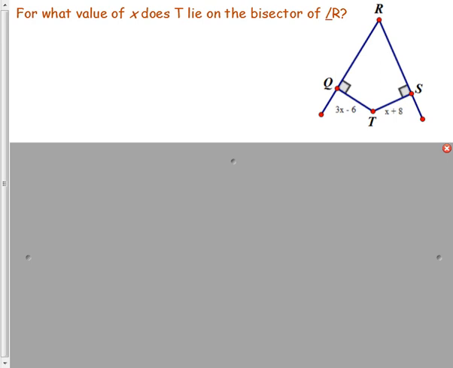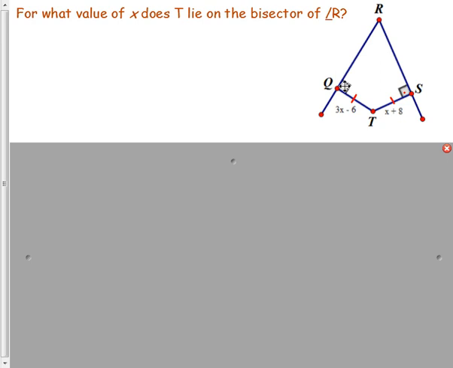For what value of x does T lie on the bisector of angle R? Again, in order for it to be on the angle bisector, both have to be perpendicular. Check, we have that. And that means these have to be congruent.